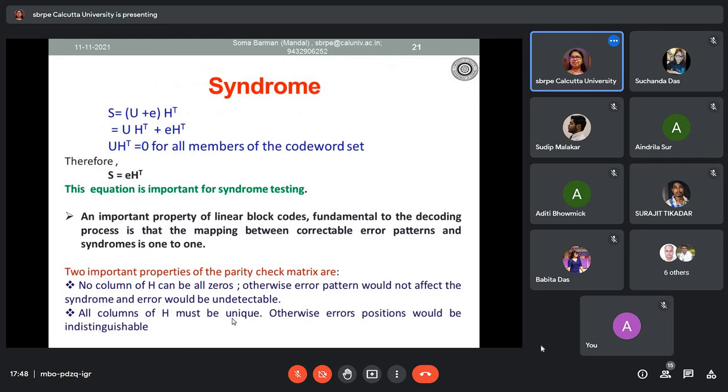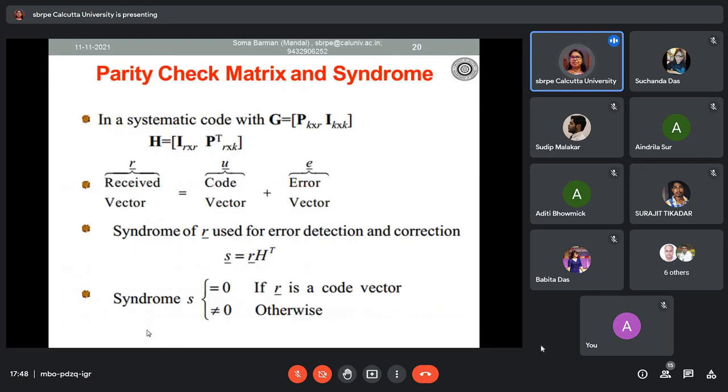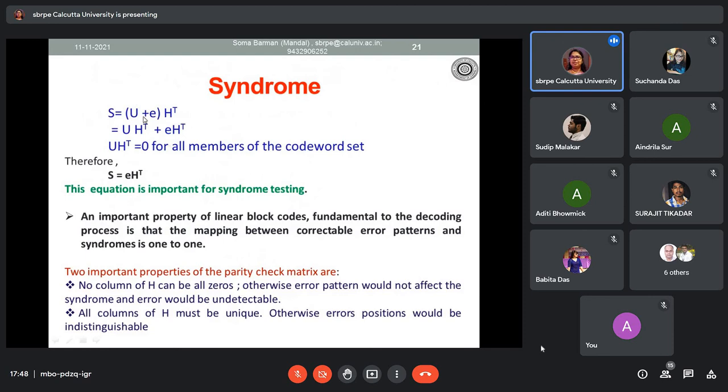So S is equal to R H transpose. Replacing R with U plus E, we get U plus E times H transpose, so U H transpose plus E H transpose. What is U H transpose?